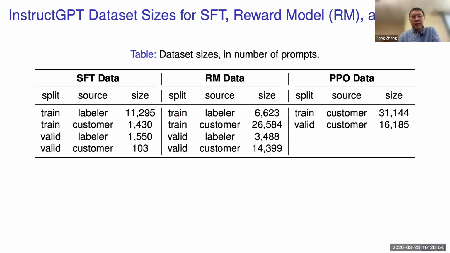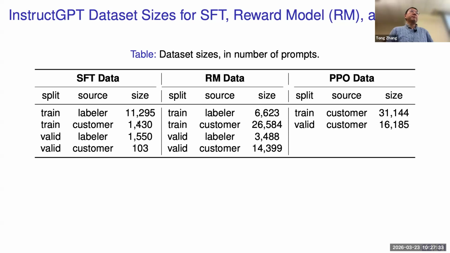Okay, now let's look at their data. Let's quickly talk about where their data comes from, and then you can get a rough idea about the ChatGPT data. Here is the SFT size. The data size is the number of prompts, so it's about 10,000 prompts for training, both outsourced to labelers and from customers.